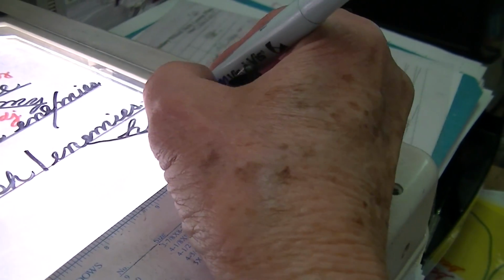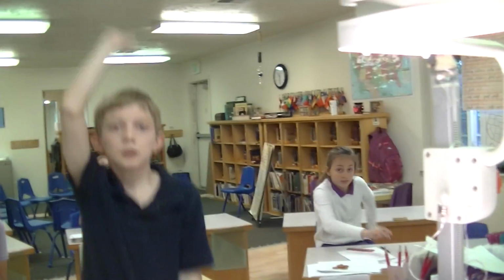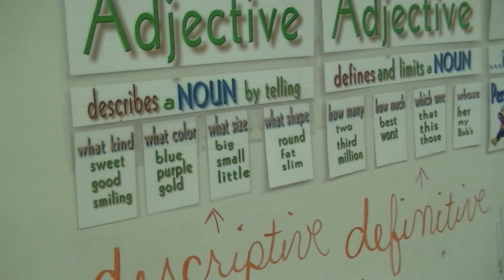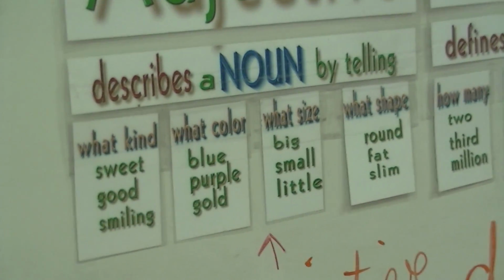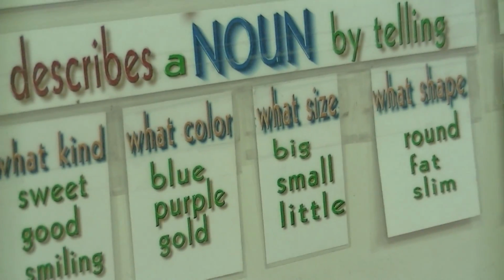and write his. And let's decide, does it describe or does it define? Does it describe or does it define? Look at the 4 categories under each one to figure it out. If it describes, it's going to tell what kind, what color, what size, what shape.